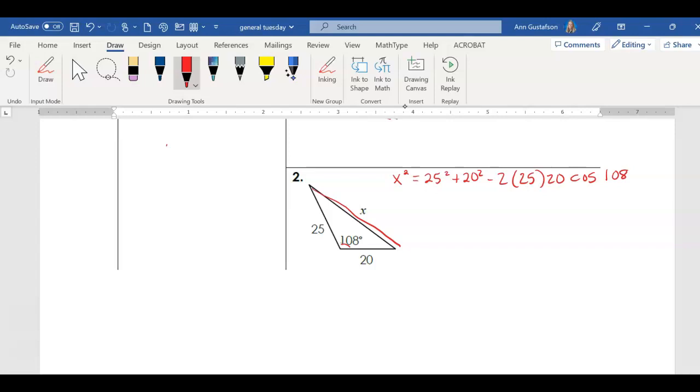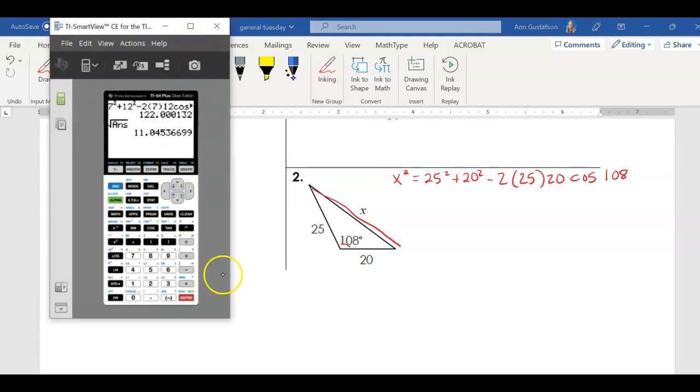So this is everything we want to get on our calculator. I'm doing 25 squared plus 20 squared, and then you have to do the other numbers, times the cosine of 108, and then hit enter.